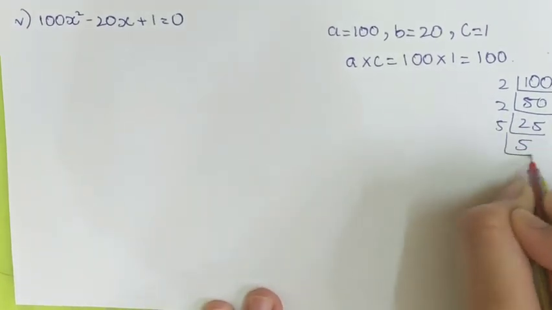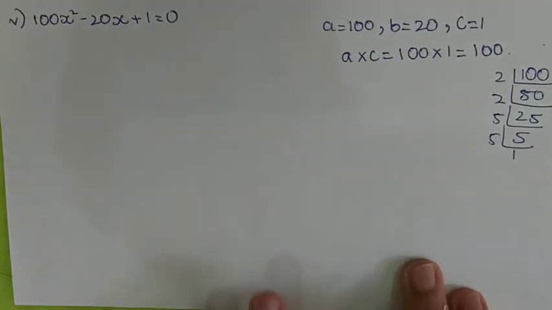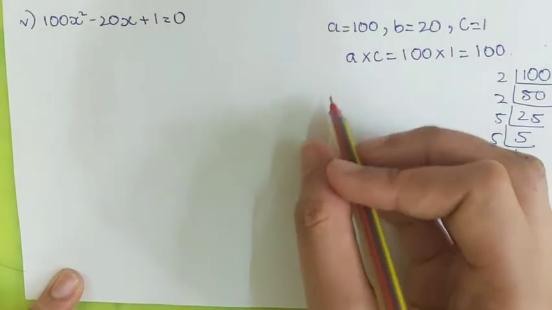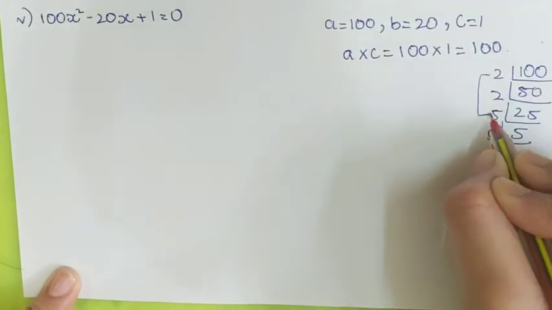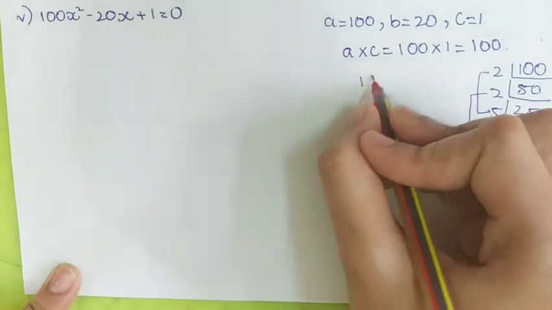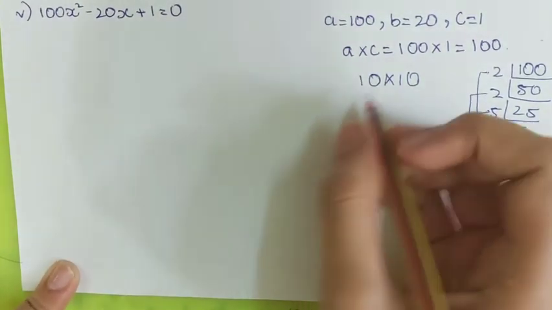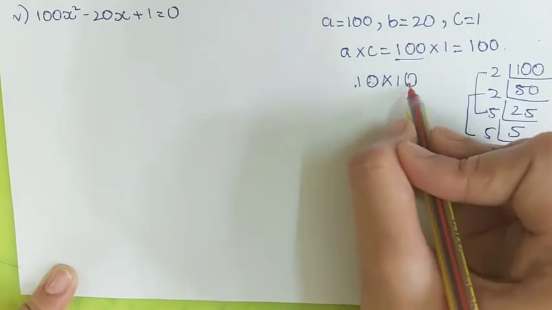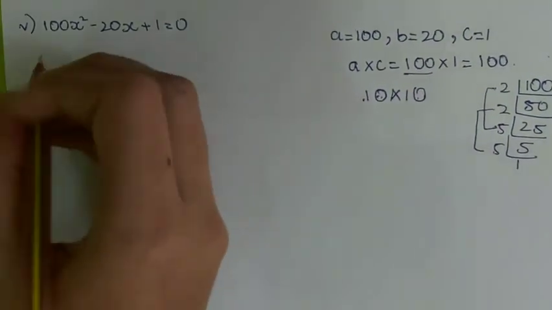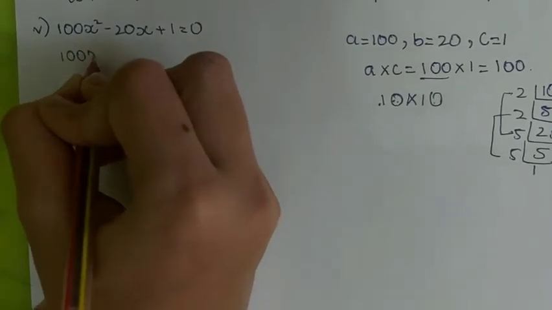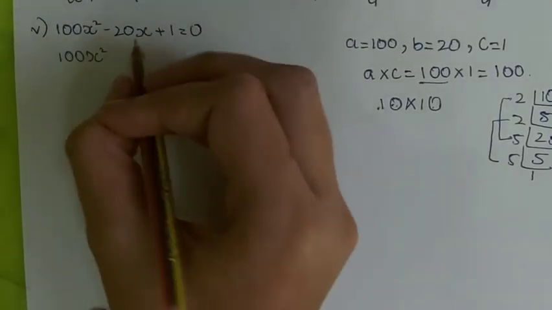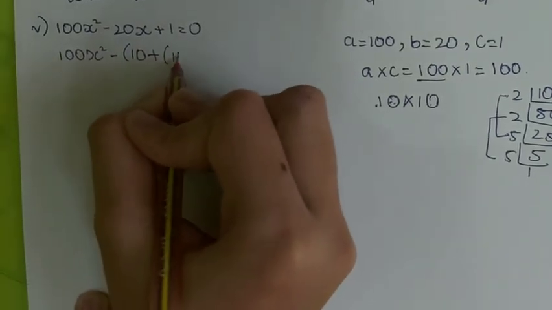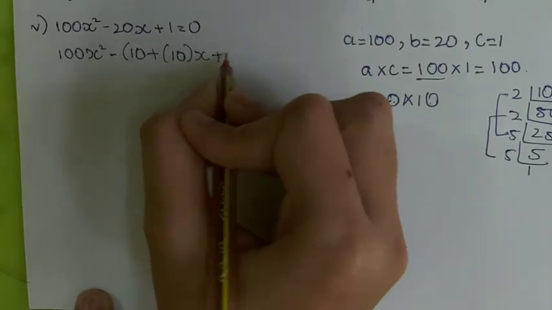So 5 into 2, 5 into 2, so 10 into 10 is 100, and 10 plus 10 is 20x. So we can write 100x square minus 10x minus 10x plus 1 is equal to 0.